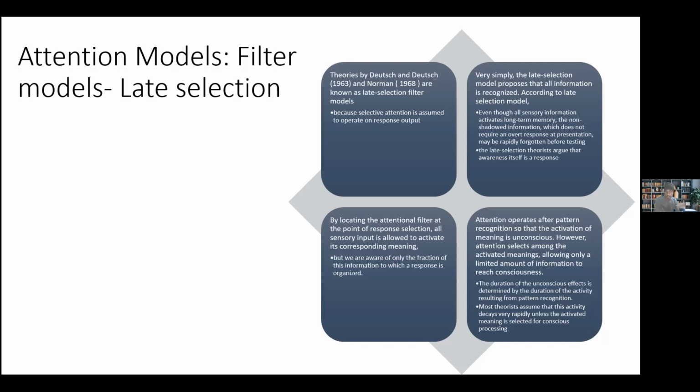That is because that information was not entirely stored. But these people argue that it is still entirely processed, but it is not stored, because you do not respond to it. Because you do not respond to it, you do not remember it. So that is the late selection theory's argument.